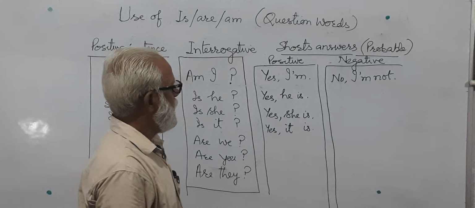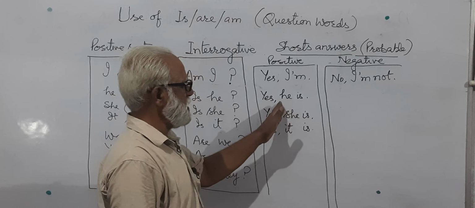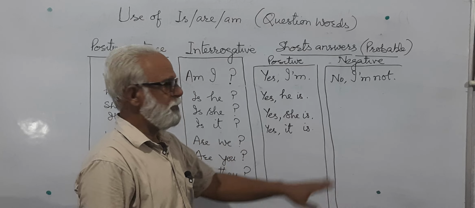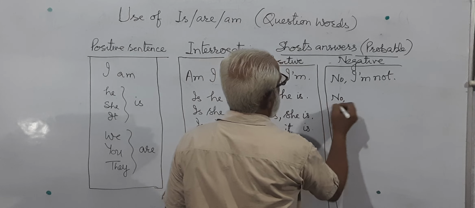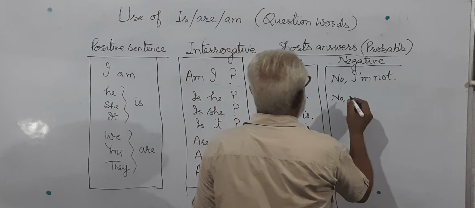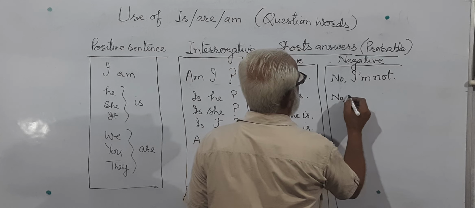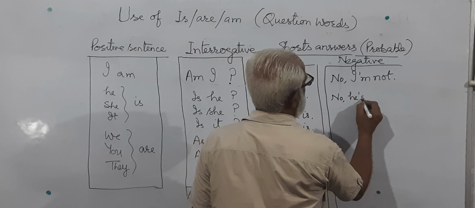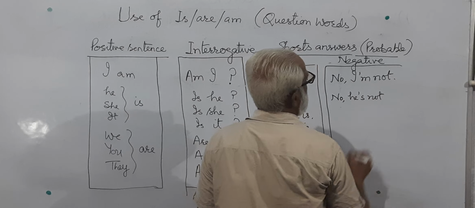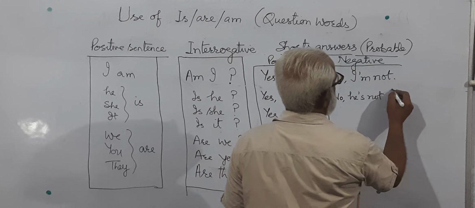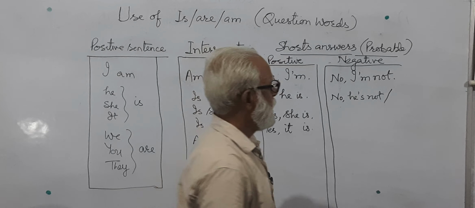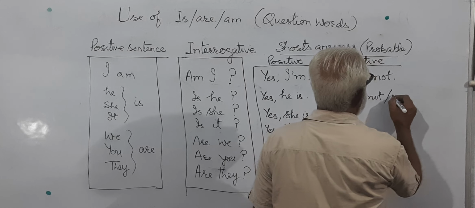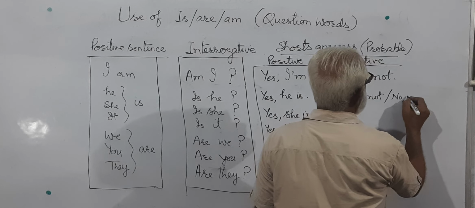If we are to answer the same question in negative form, then no, comma, he is not. He is not. The slash indicates a choice. No, he isn't.